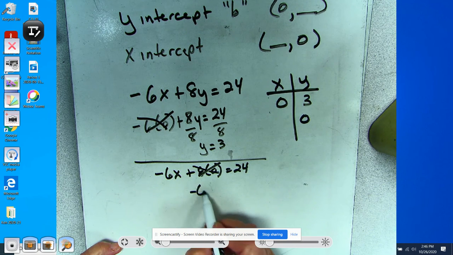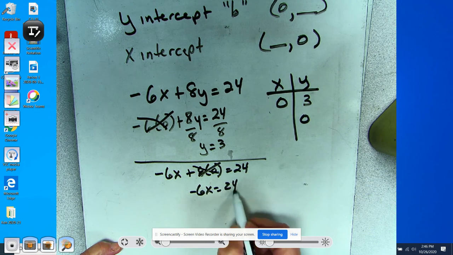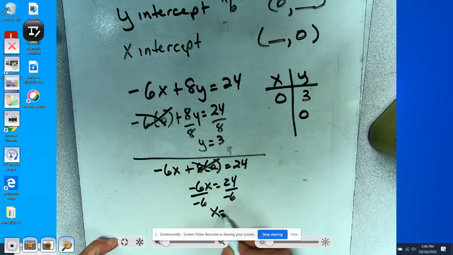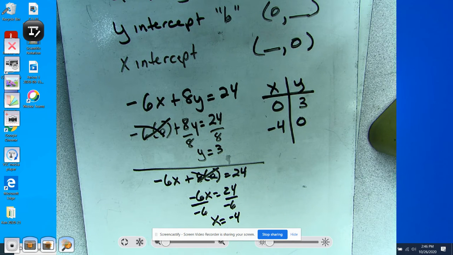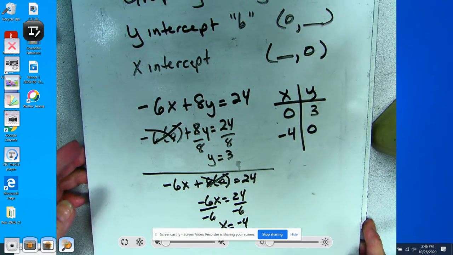So we really have negative 6x equals 24. We divide by the number in front of the letter, and we find out that x equals negative 4. We now have our two intercepts. We have 2 points. If we have 2 points, we can graph a line.